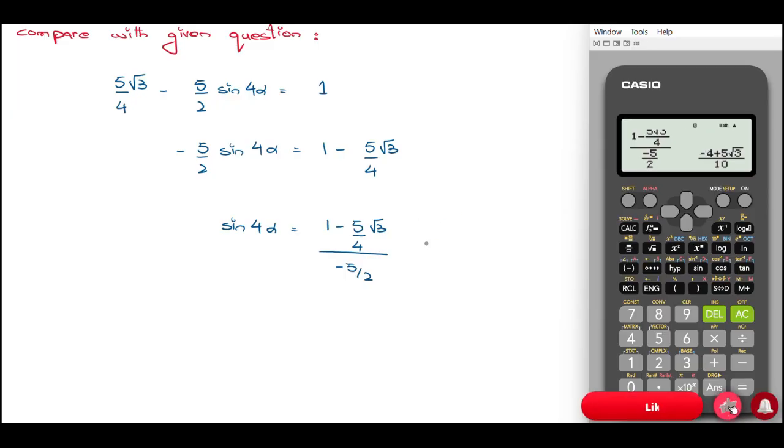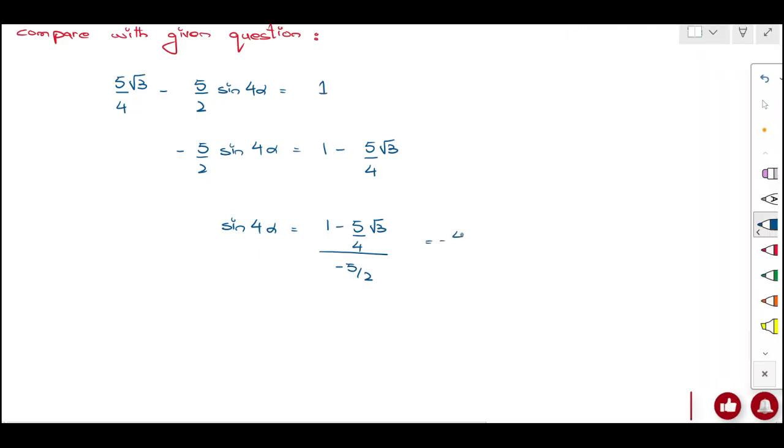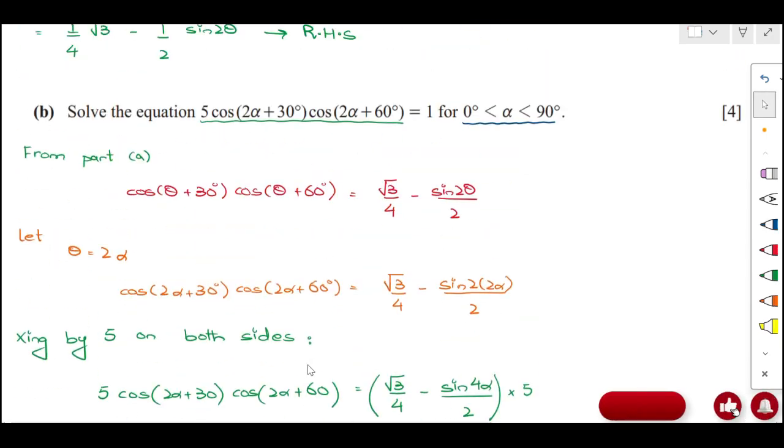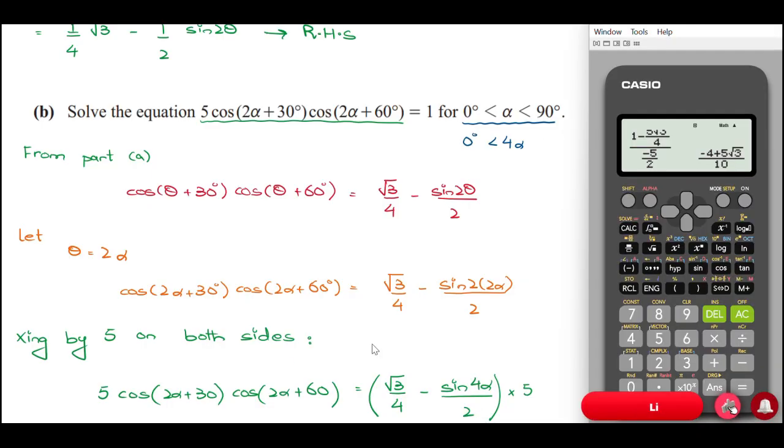This is minus 4 plus 5 root 3 over 10. Okay, now the angle over here is 4 alpha, and in the domain the angle is just alpha. So if this is alpha, we can say 4 of alpha is 0 times 4 is 0, and what is 4 times 90? 4 times 90, 360.